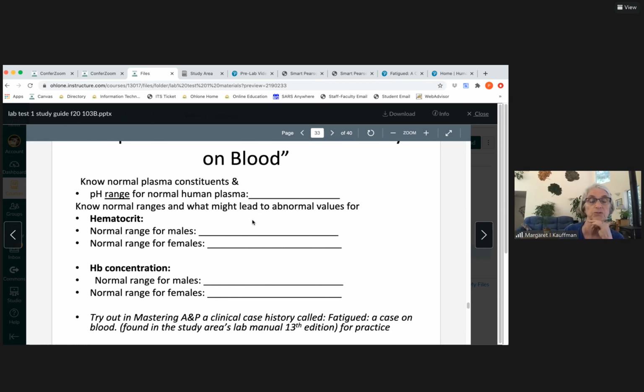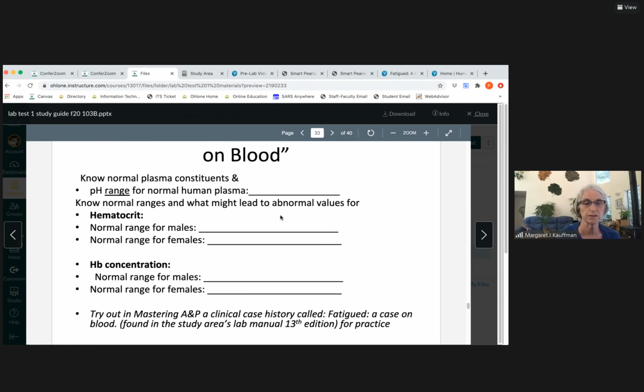You'll need to know the normal pH for blood plasma. Now that's different than the normal pH for intracellular fluid, or for that matter, interstitial fluid, which runs closer to 7.0. So blood has a slight alkalinity, and we'll get back to why.